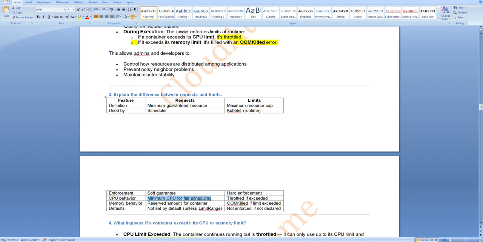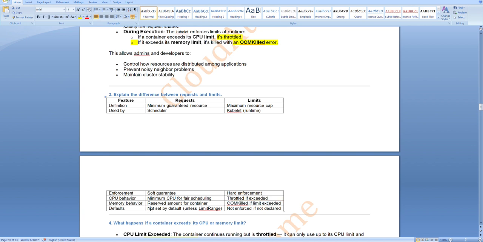CPU behavior: minimum CPU for fair scheduling, throttled if exceeded. This is already discussed. Memory behavior: a reserved amount for the container, but it is killed if it exceeds the limit.